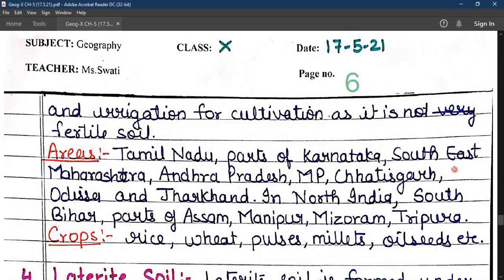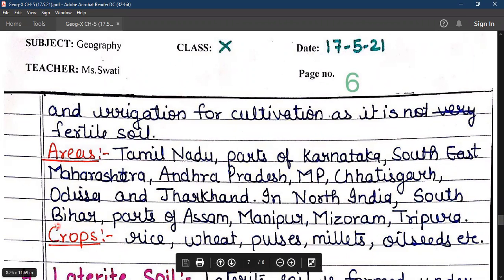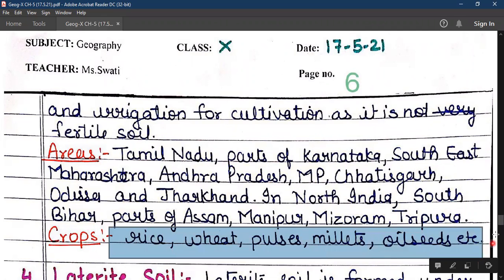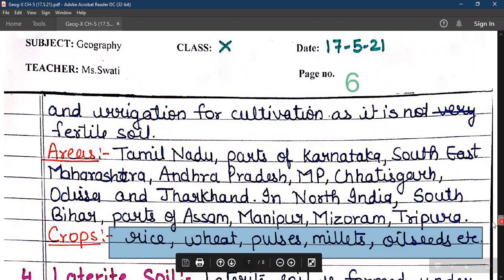In North India, South Bihar, parts of Assam, Manipur, Mizoram, Tripura, etc. Crops grown in this soil are rice, wheat, pulses, millets, oilseeds, etc. As you know, this soil is not very fertile, so there is a need of proper fertilization and irrigation.